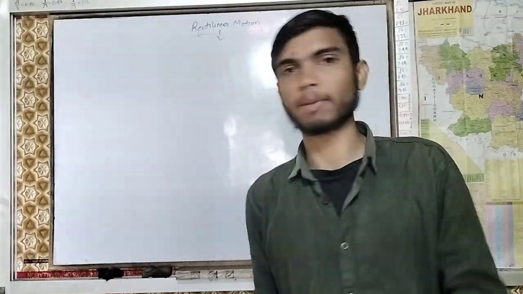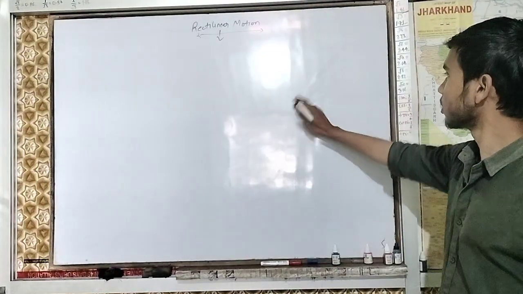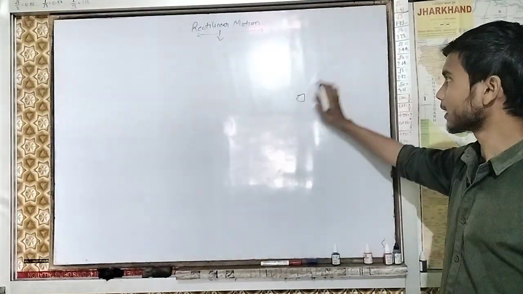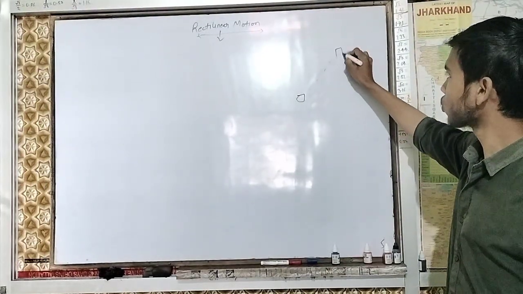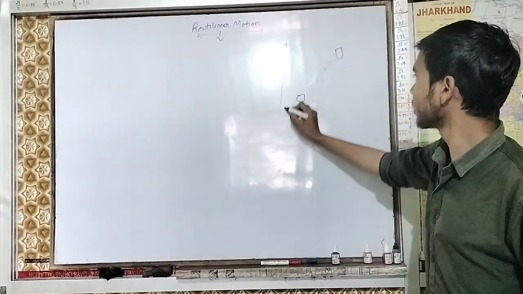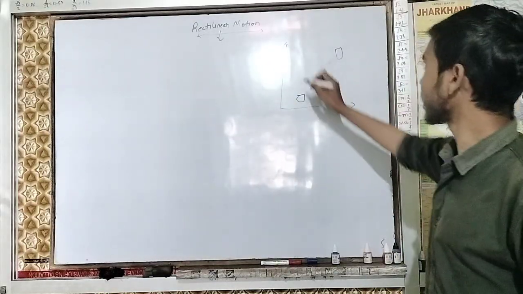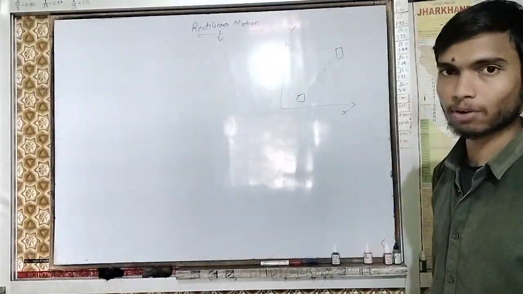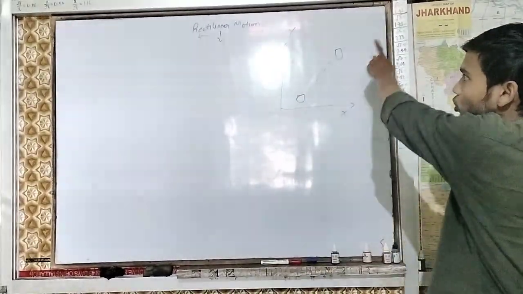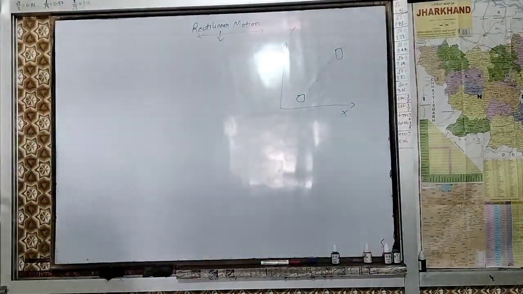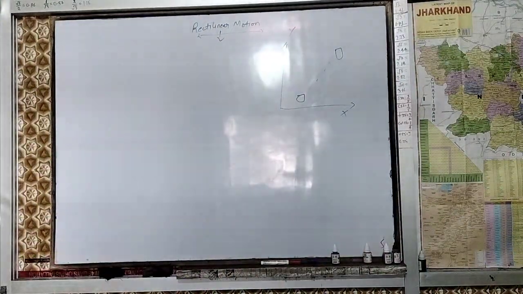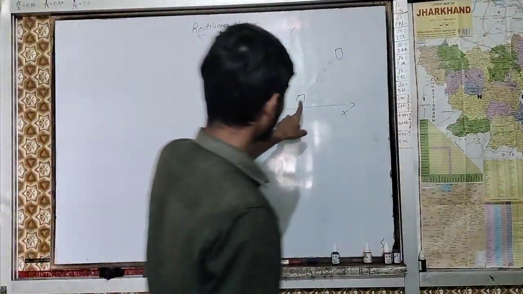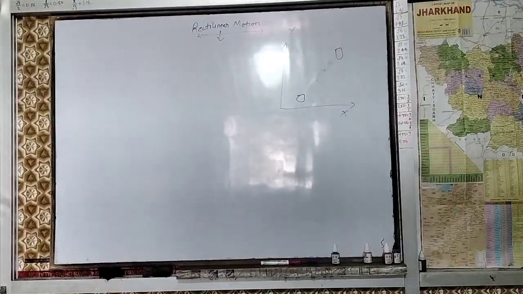Example for two dimension. Let's say there is an object and it is going like this. Here you can see this is the x-axis, this is the y-axis, and this is our object. This object is going like this. But one thing which is crystal clear is that it is not going completely along the x-axis, nor completely along the y-axis.